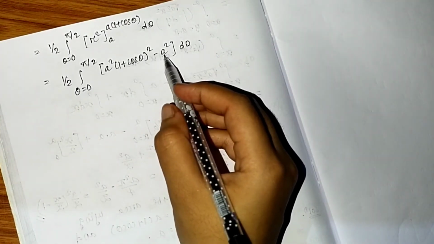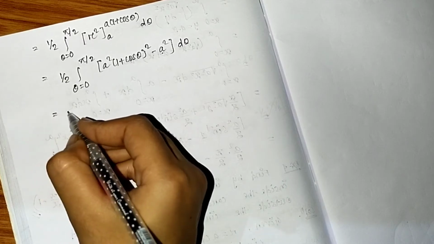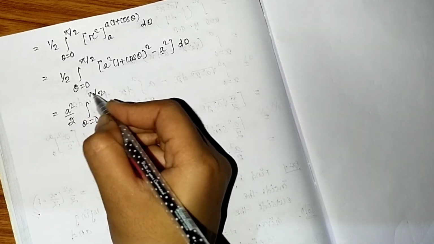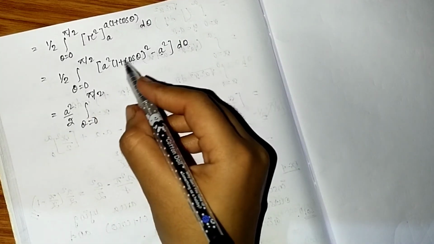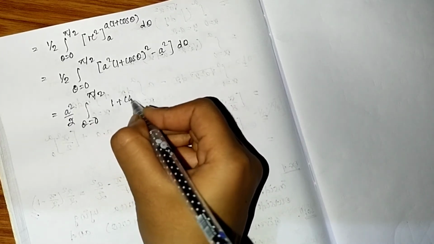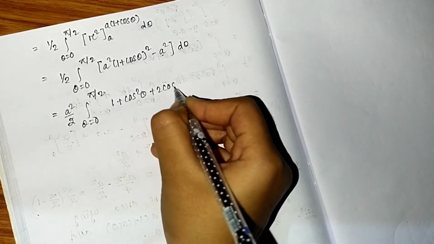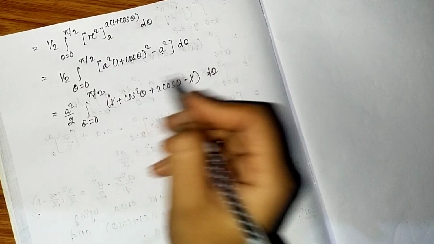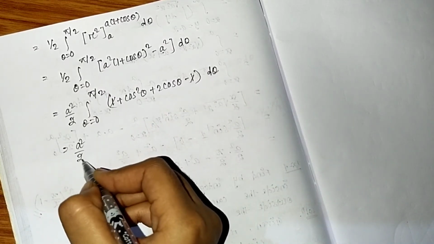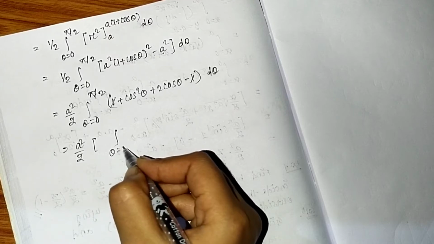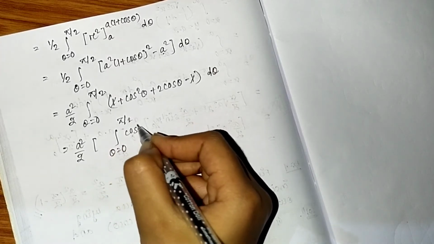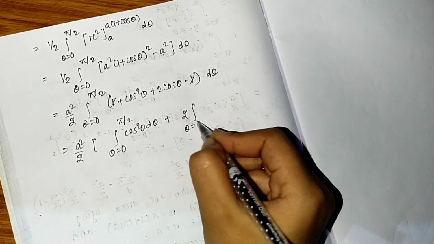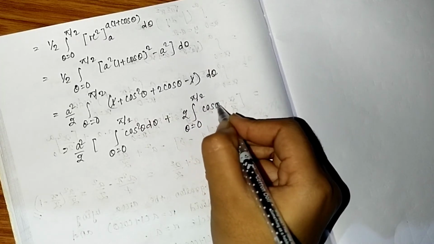Taking a square common, a square by 2 into the integral of 1 plus cos square theta plus 2 cos theta minus 1 d theta. The 1 minus 1 cancel, so a square by 2 into the integral from 0 to pi by 2 of cos square theta d theta, plus 2 outside, the integral of cos theta d theta.